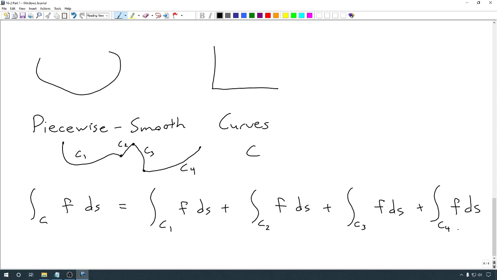And so on and so forth. It doesn't matter how many there are, as long as there's finitely many pieces. If there's infinitely many pieces, things can get a little off, and you don't really want to deal with that here.